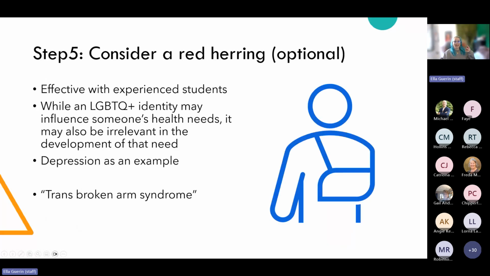Brilliant. Now, we've talked earlier, I say we, not me, but we've listened earlier to thinking about red herrings and diagnostic overshadowing.